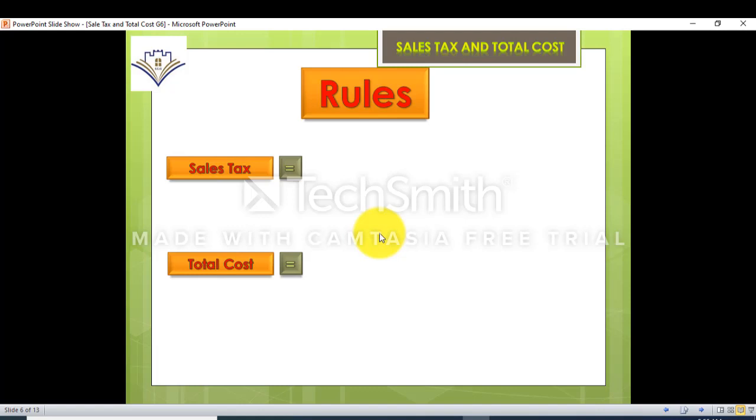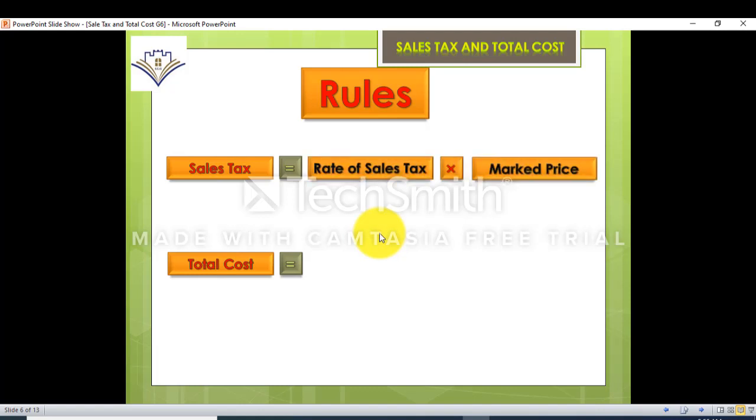Sales tax equals the rate of sales tax, and the rate may be 50%, 60% and so on, multiplied by market price. Again, sales tax equals rate of sales tax multiplied by market price.